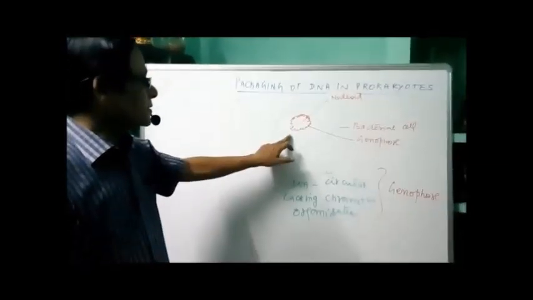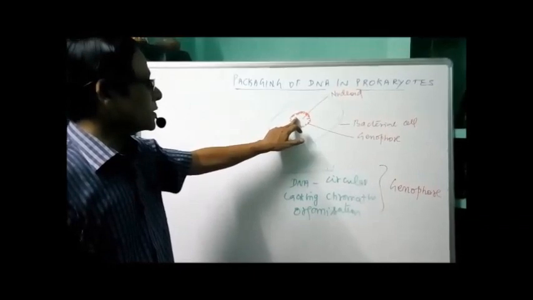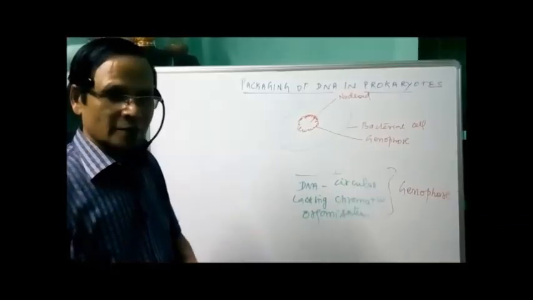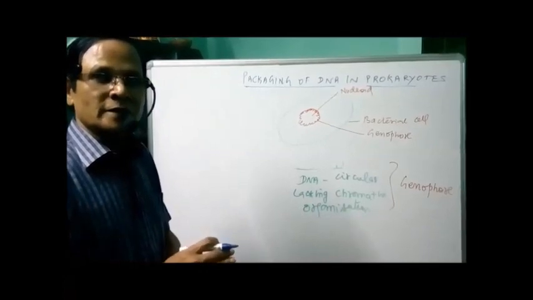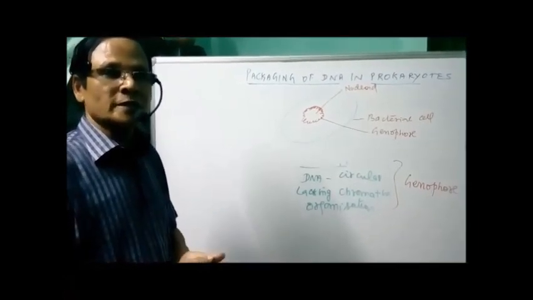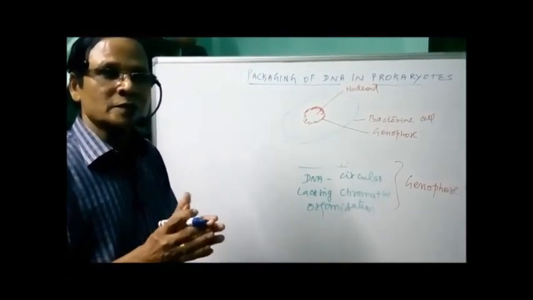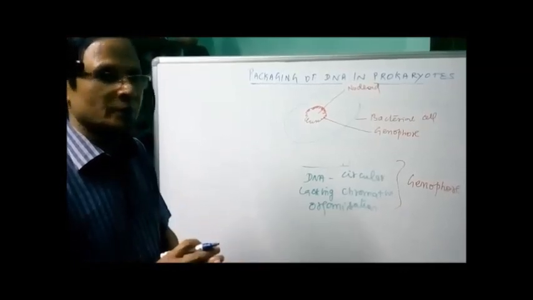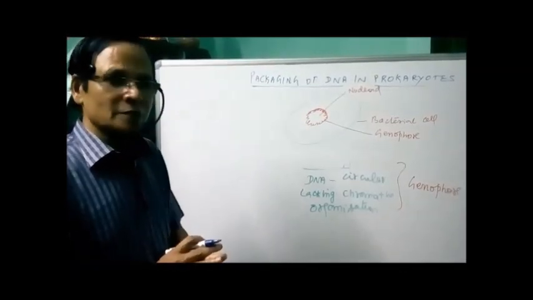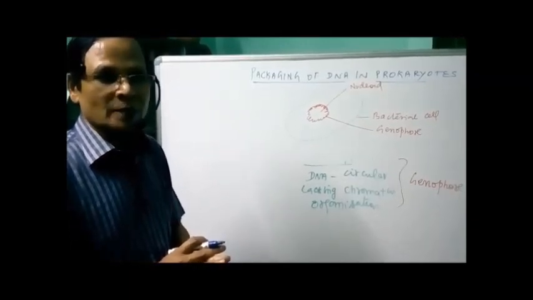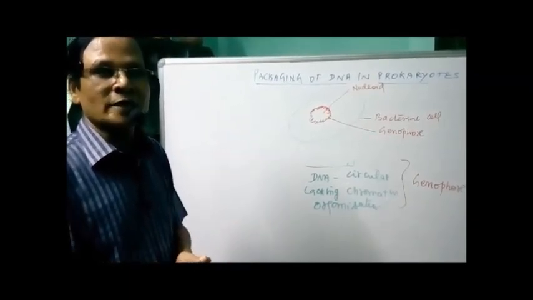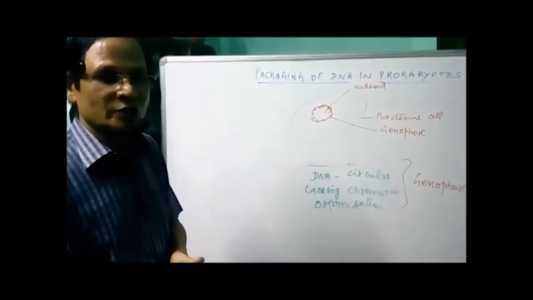Now this is the bacterial cell showing the nucleoid, genophore and bacterial cell. The nucleoid is a region where the negatively charged DNA is held by positively charged proteins. The positive nature of the protein is because of the presence of basic amino acids like arginine and lysine in their side chains.